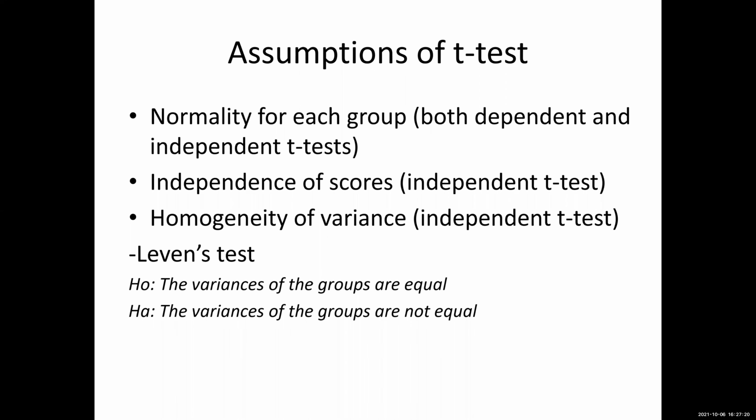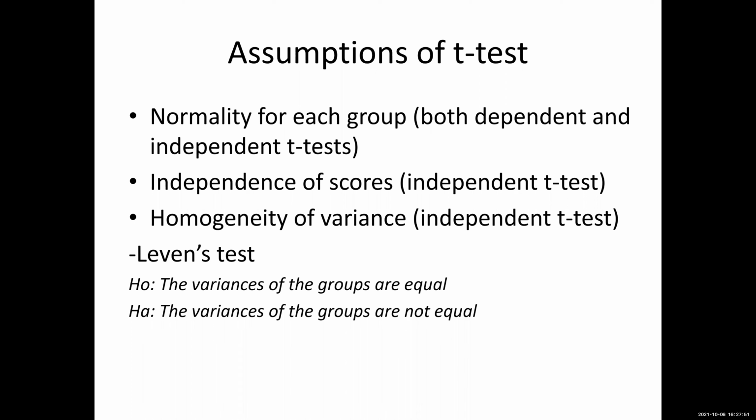Once you run the t-test, SPSS will give you an output related to Levene's test. We use Levene's test to see whether the variances of the groups are equal or not. So H0 here is that the variances of the groups are equal, and HA or H1 says the variances of the groups are not equal.